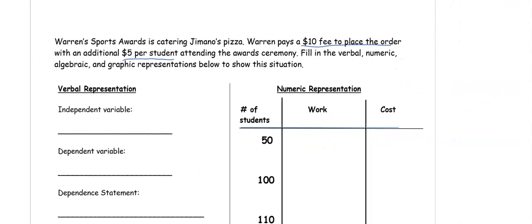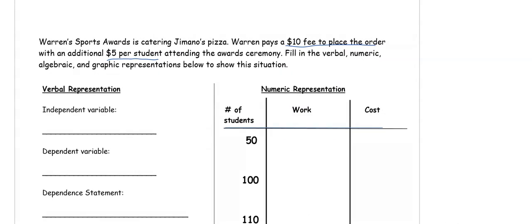So we're hosting this party and we need to come up with our variables. Okay, remember I told you to always look here. This is your independent. This is your dependent. Okay, so our independent variable would be number of students, and our dependent variable would be total cost.